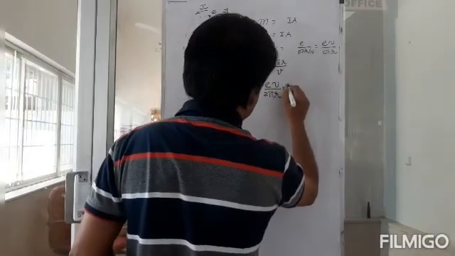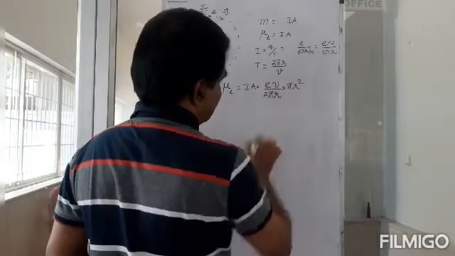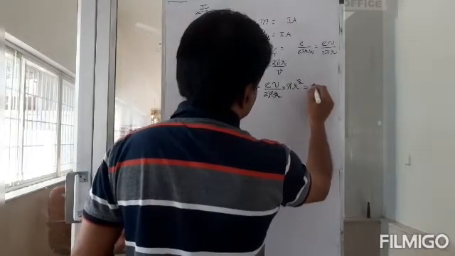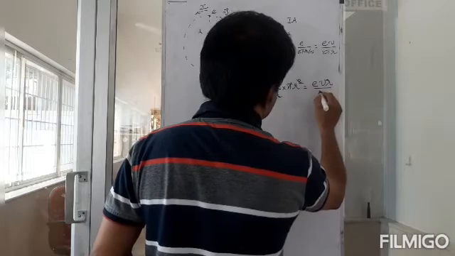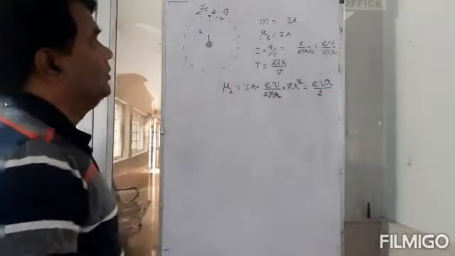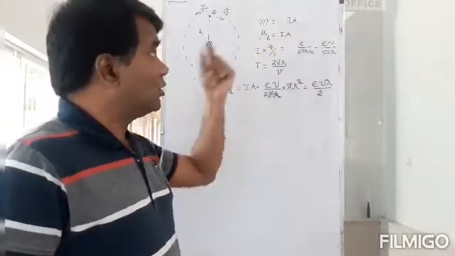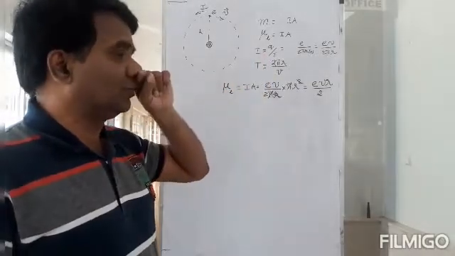So pi and pi will cancel, then r there. I'm going to have EV r by 2.